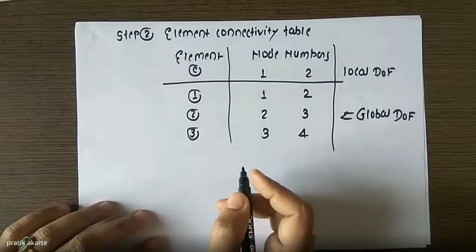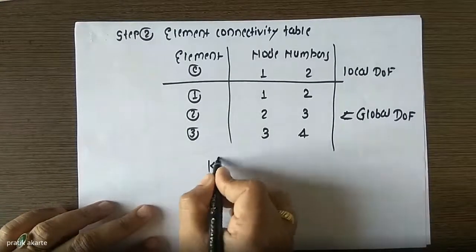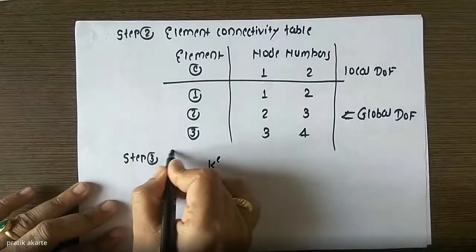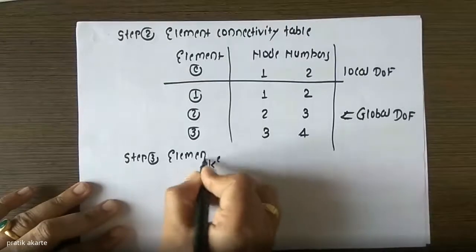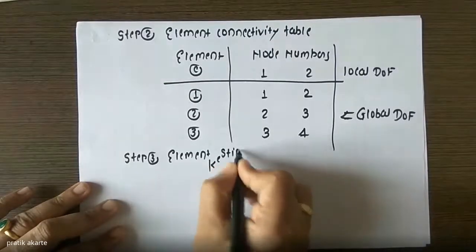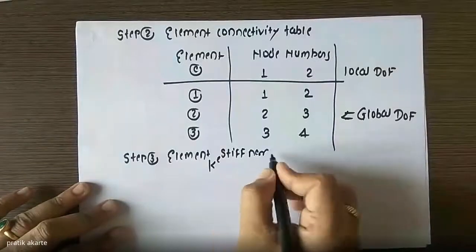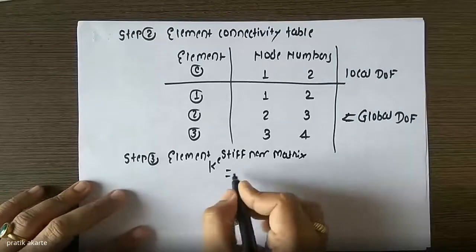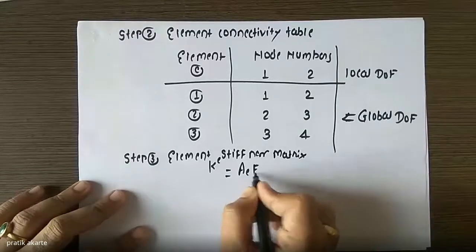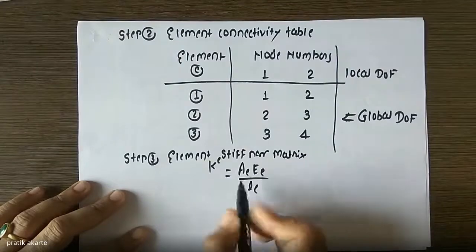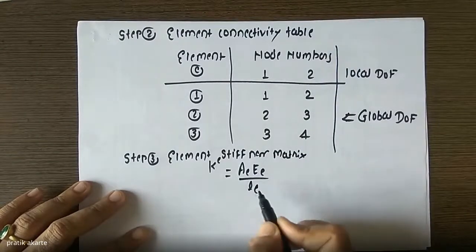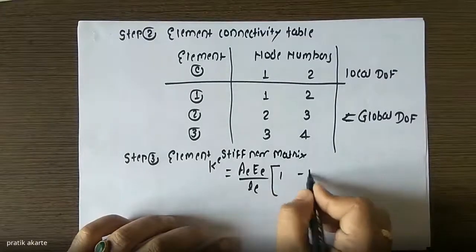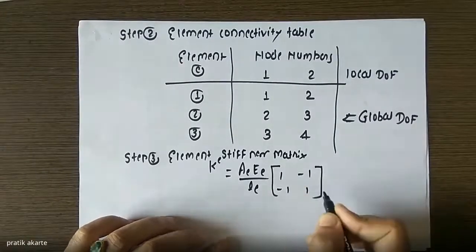Now step number 3 is to find the element stiffness matrix. We have just formulated the element stiffness matrix as AE upon L, where A is the cross-sectional area, E is the modulus of elasticity, L is the length of the element, and the matrix has 1, minus 1, minus 1, 1, which is a symmetric one.